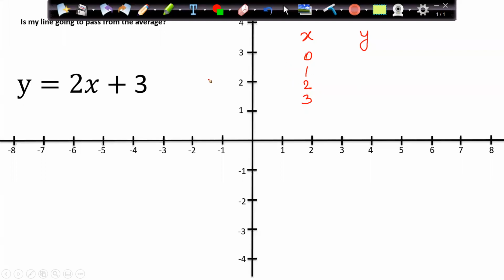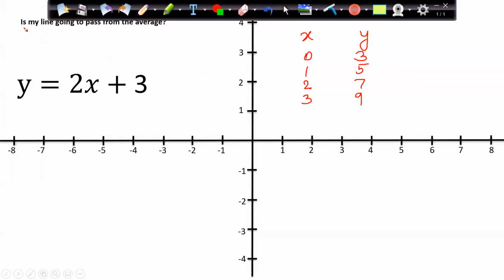Let's pass this value in the equation and find the value of y. So here my x is 0, so my y became 3. When my x is 1, then my y became 5. When my x is 2, then y became 7.